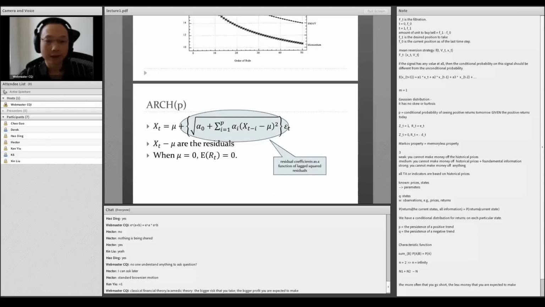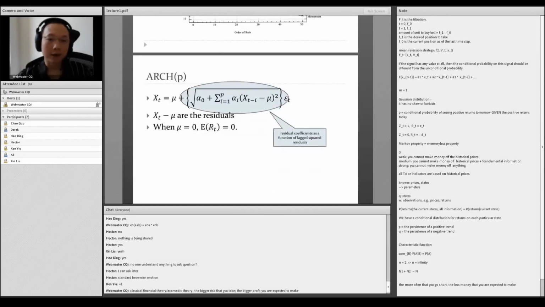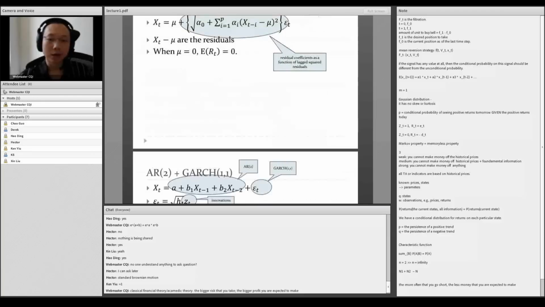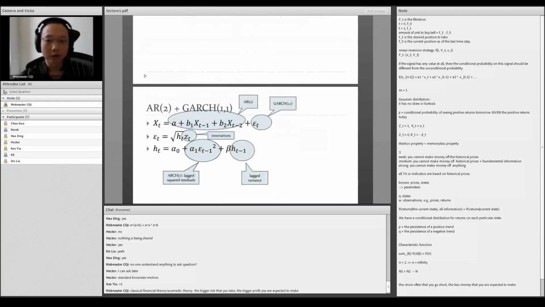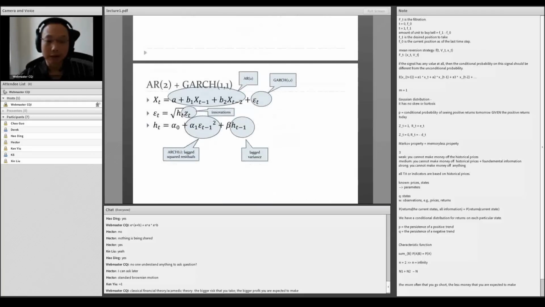Okay, and then another more complicated model to model volatility is the GARCH. Okay, so here the return is the weighted sum of the past two values, the two lags, X_{t-1} and X_{t-2}, and then the residuals themselves are modeled as a GARCH process.